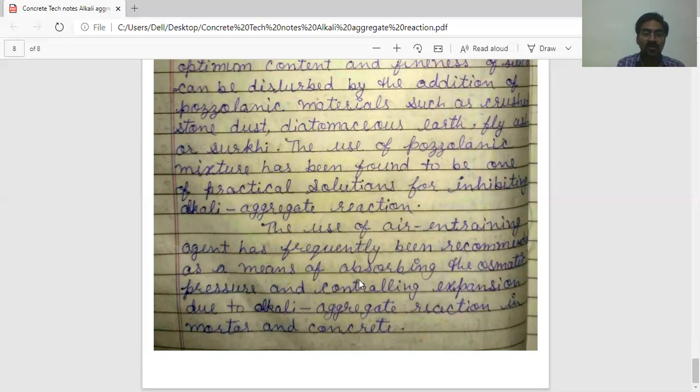So the air entraining agent absorbs the osmotic pressure and controls expansion due to alkali aggregate reaction in mortar and concrete. So this is the alkali aggregate reaction in concrete, and this is a very important topic in concrete. Thank you.